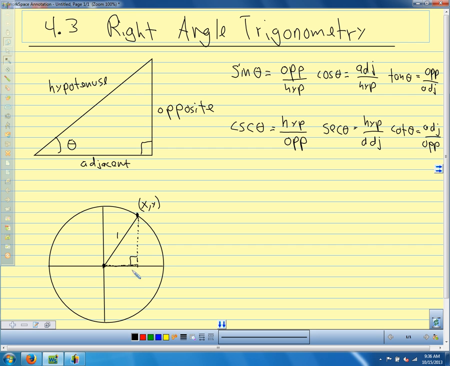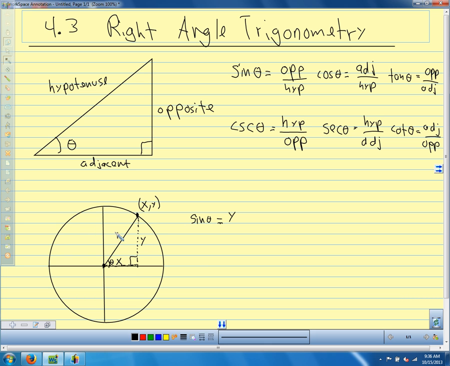That's a right angle. This side of the triangle is y. That's how far up I'm going. And this side is x. And we said that if this is our angle theta, sine theta was y. Well, that's the opposite over the hypotenuse.